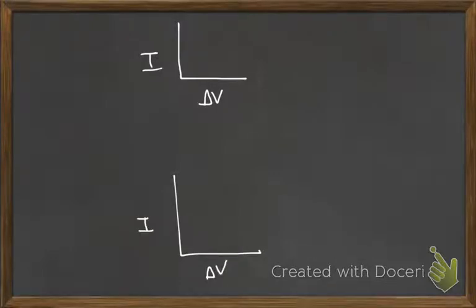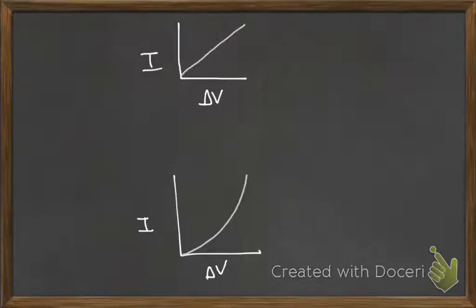You can have two different types of graphs. You've got one that's going to be a straight line. You've got one that is not considered to be linear. Which of these do you think is considered to be ohmic material? Meaning it's going to obey Ohm's law. You're going to have a constant over which your range of potential differences are going to occur.